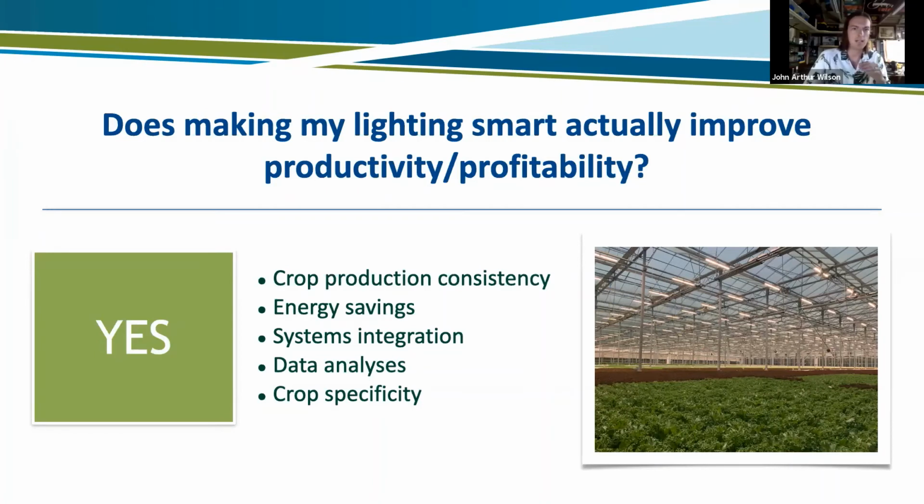So real quick, you're saying yes, absolutely, you can achieve greater productivity and greater profitability. But tell our audience, if you're investing in this sort of system, all of a sudden you're using words like system integration and data analysis. And I don't care how good your green thumb is, that doesn't necessarily make you a good data analyst, right? We're talking about different skill sets here. So in addition to investing in these lights, it seems like utilities like to use the word total resource cost, or I guess economists do.